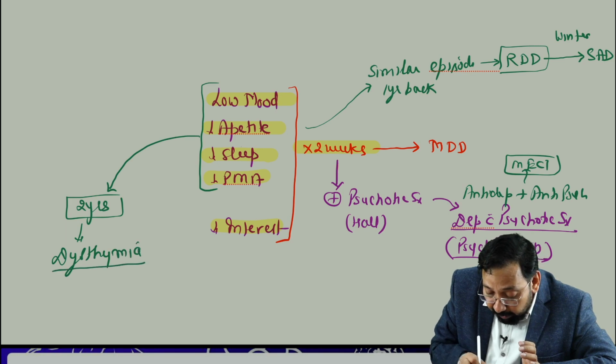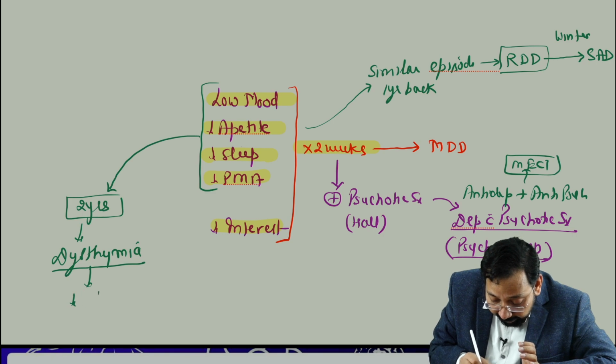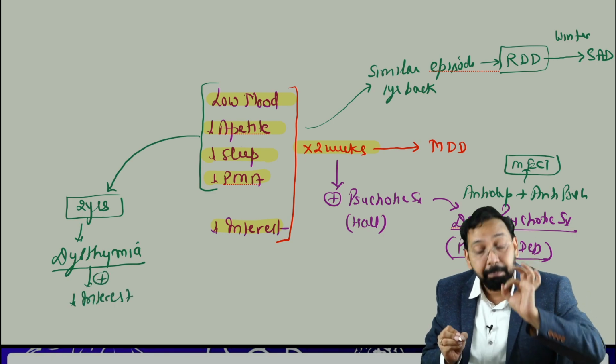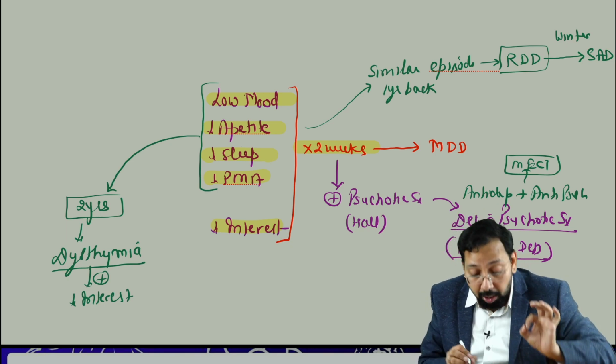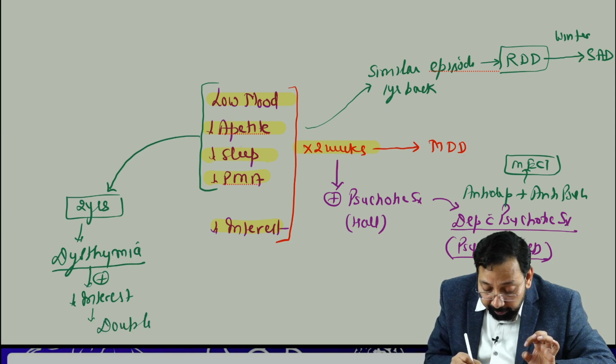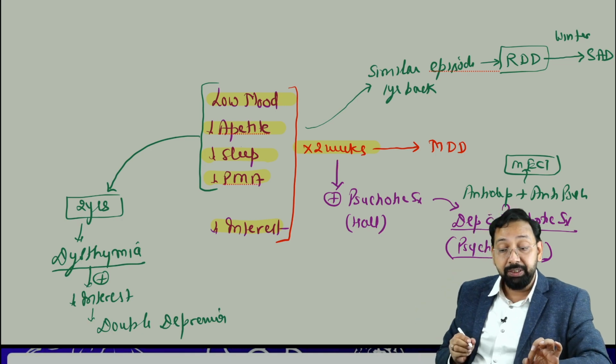Now, after that, the patient developed a few more symptoms, suppose decreased interest, means now dysthymia plus more symptoms, now the diagnostic criteria is fulfilled. Now you will say this is double depression. Are you getting these points?